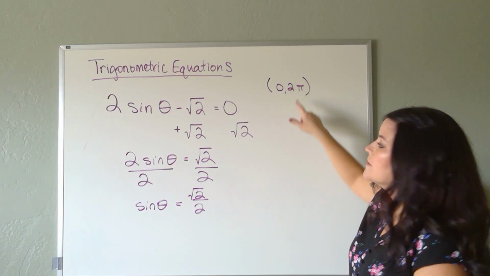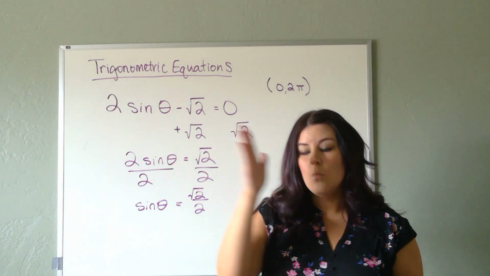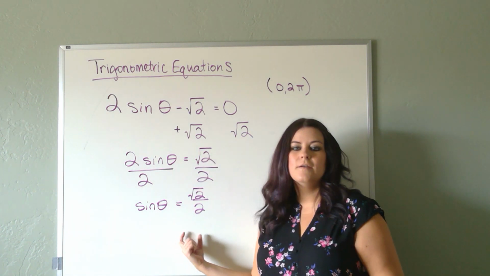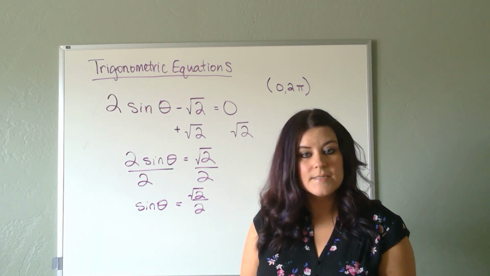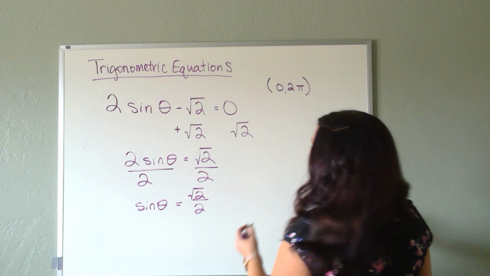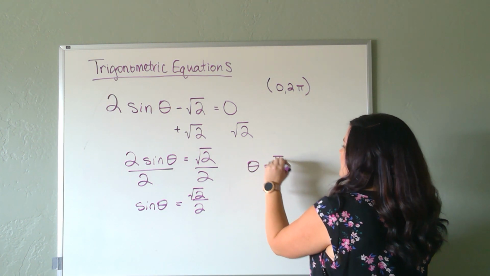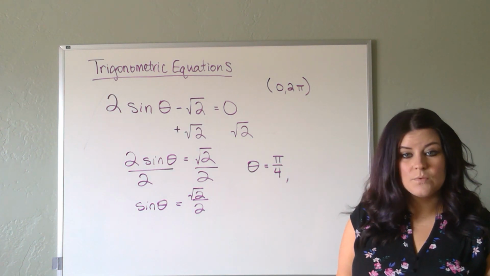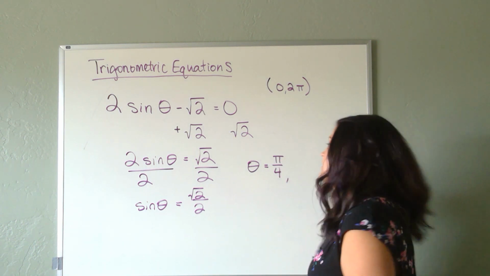Notice this one is from 0 to 2 pi. That means looking at the unit circle, one full rotation, where is the sine of theta square root 2 over 2? So that happens at 2 places within that one rotation. It happens at, like I said before, pi over 4, and it also happens at 3 pi over 4, because sine of theta is still positive at 3 pi over 4.